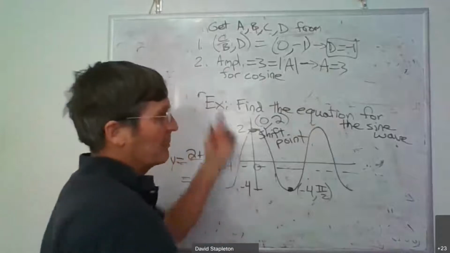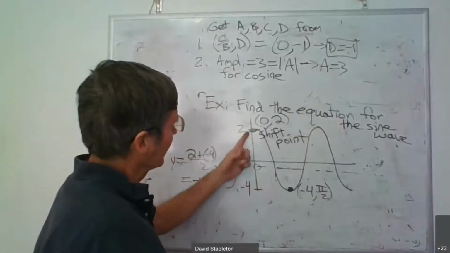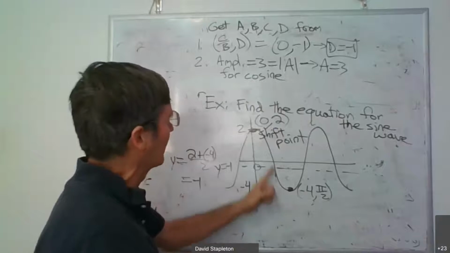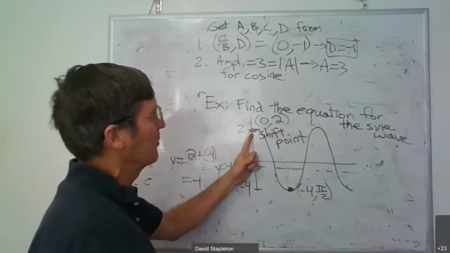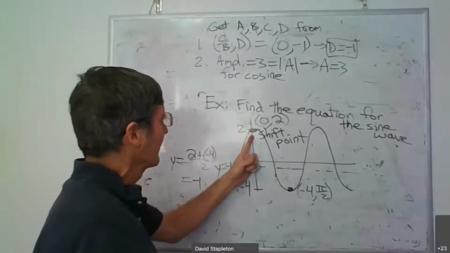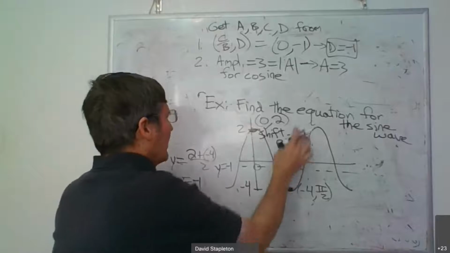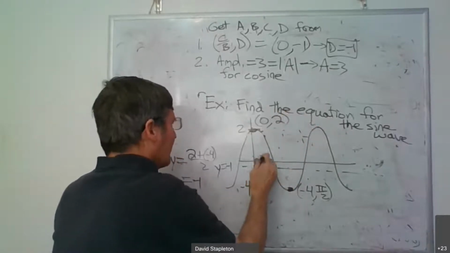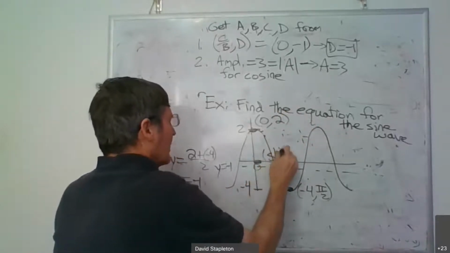If I were to choose a flipped cosine with -3, then I'd have to say, well, I have to pick a shift point where it's at the bottom. So if you pick a shift point that's at the top, well, this isn't the shift point. This is the top of the graph. This is the shift point right here. Oh golly.